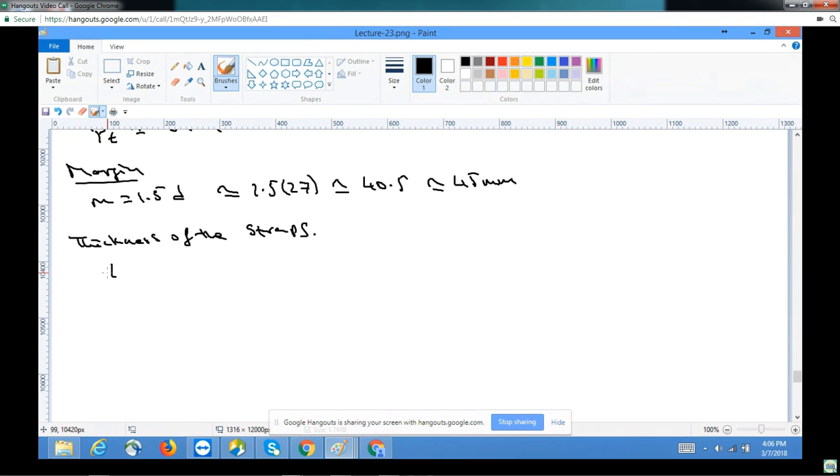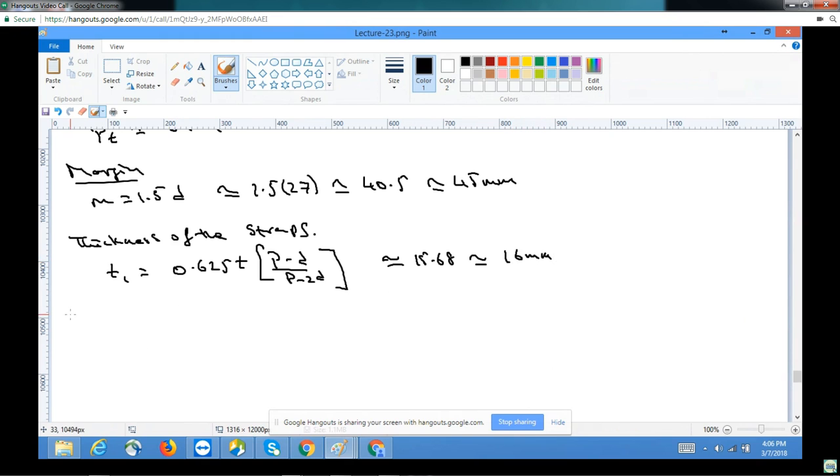So t1 is 0.625 t times (p minus d) by (p minus 2d) formula. That will give us 15.68, approximated to 16 mm.